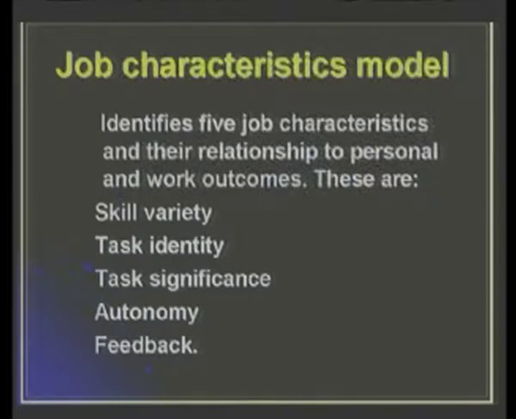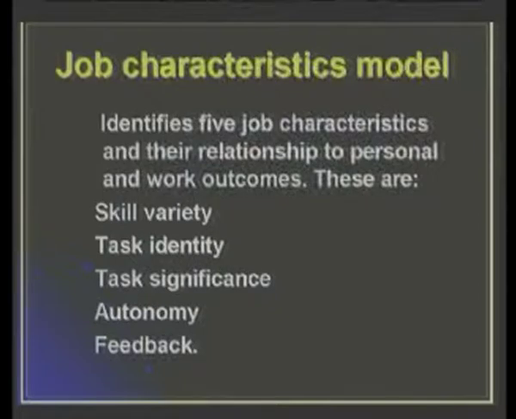In fact, one of the formulations that has also been developed is the MPS, the motivating potential score, for which I have not made any presentation for you. In MPS, we have skill variety plus task identity plus task significance, the average of all this. So, we add all these and then multiply by autonomy and feedback.